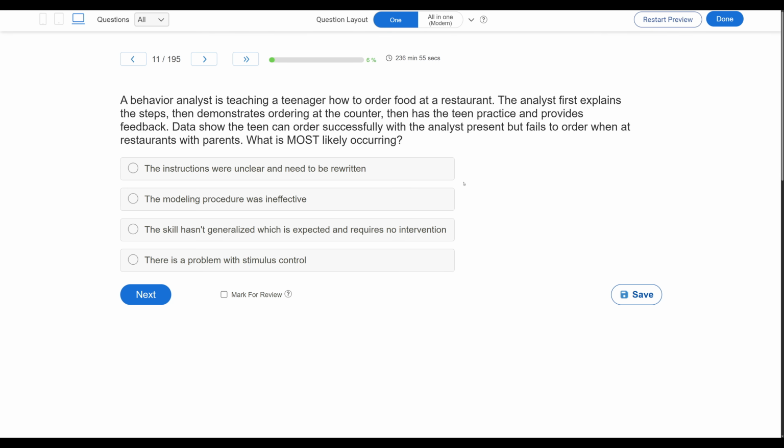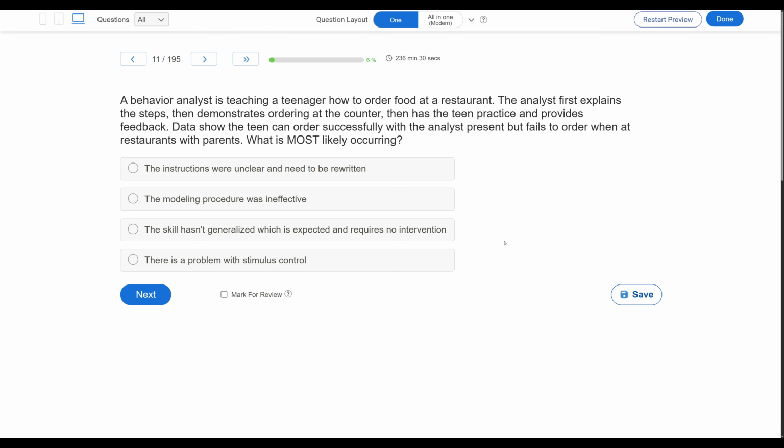A, instructions were unclear and need to be rewritten. Well, the teenager is able to order successfully with the analyst present, so the instructions seem okay. B, the modeling procedure was ineffective. Again, based on our information, the teen can order, but only with the analyst and not with the parents. C, the skill hasn't generalized, which is expected and requires no intervention.